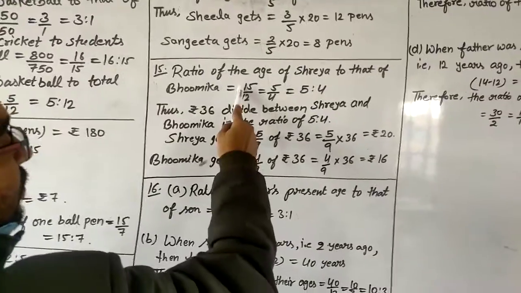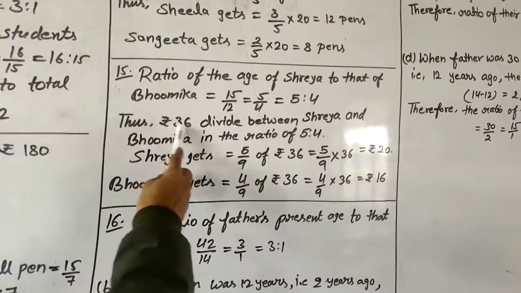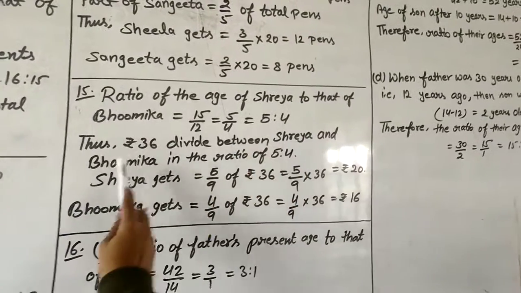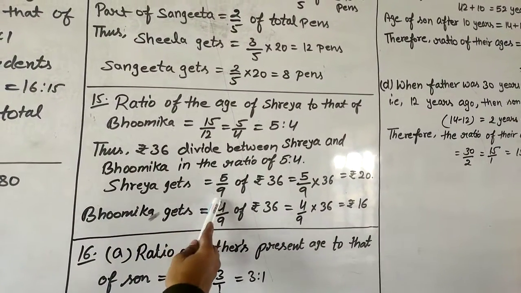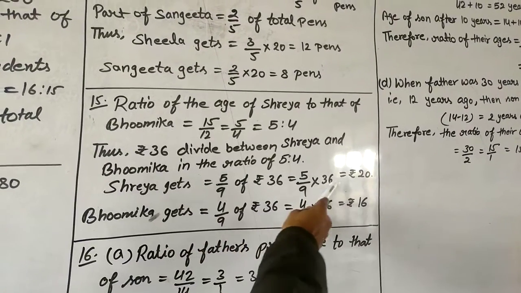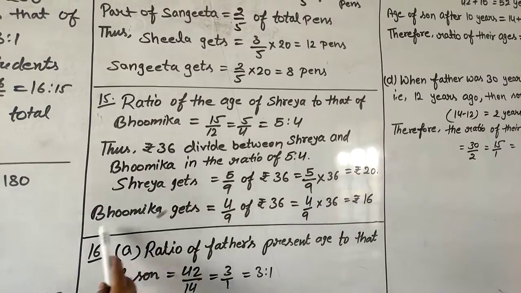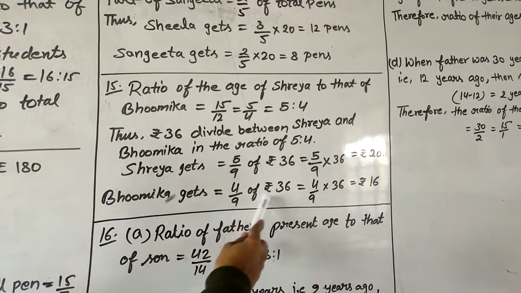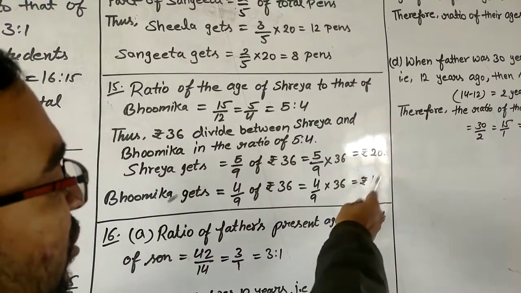Cancel by 3: 15 is 5 times, 12 is 4 times, so 5:4. Thus 36 will be divided between Shreya and Bhumika in the ratio 5:4. So Shreya gets 5 upon 9 of 36. Cancel 36 by 9, 4 times, 4 times 5 is 20 rupees. Bhumika gets 4 upon 9 of 36. Again we cancel 36 by 9, 4 times, 4 times 4 is 16 rupees.